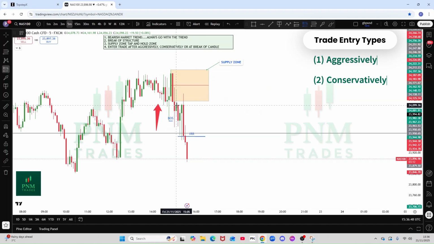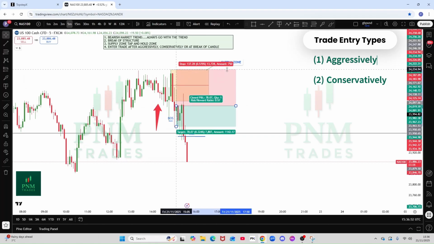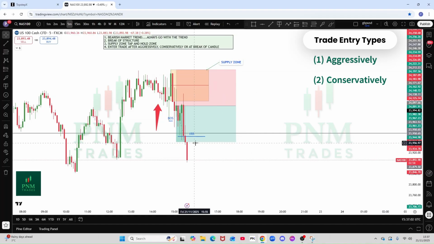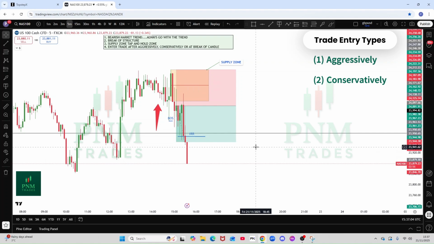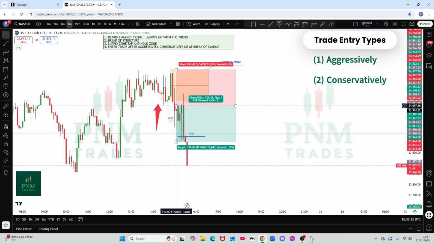Once this closed, because it closed bullish just there, then ideally put it there just to be safe. Then go for your 1-to-1. Your 1-to-1 would have been there, and then once you get to 1-to-1, either close the full position or take partials and leave a runner. Now that is your conservative entry.